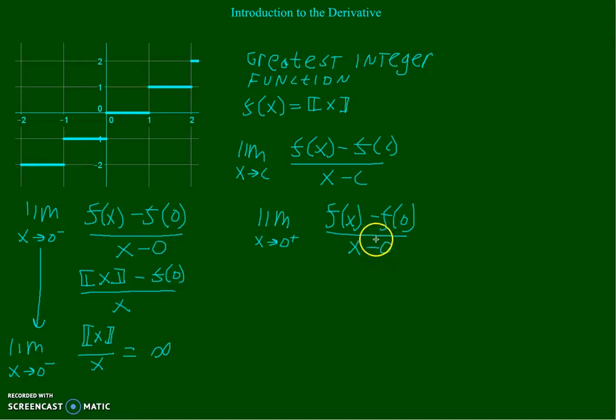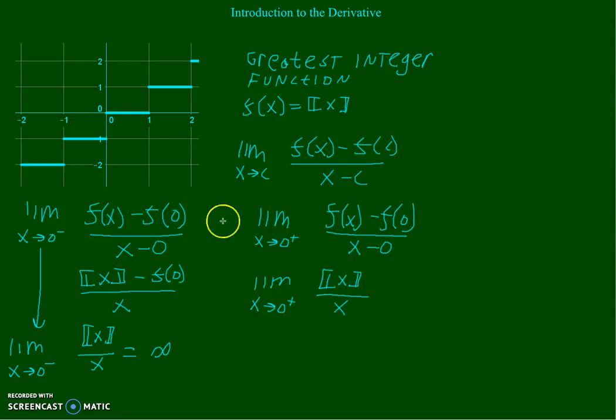And here, just as we did before, f of 0 is 0, so we have the greatest integer of x over x, and we take that limit as x approaches 0 from the right.